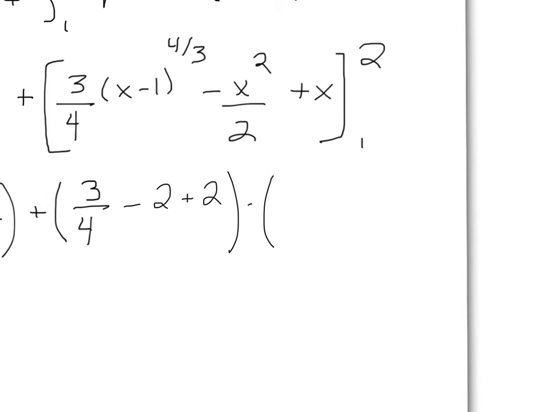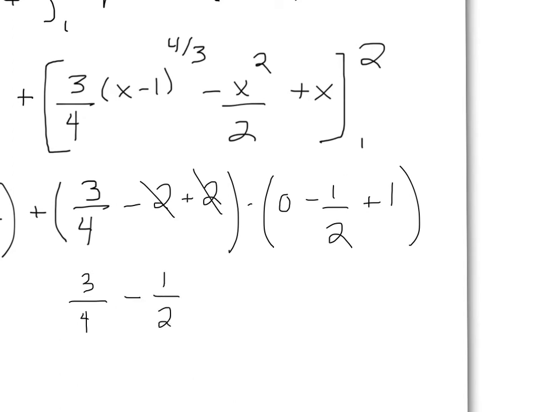When we let x go to 1, our first term goes to 0, minus a half, plus 1, and then we'll tidy this up. You guys cancel each other out. So I will have 3/4 minus positive 1/2. Oh, look at that, a quarter.